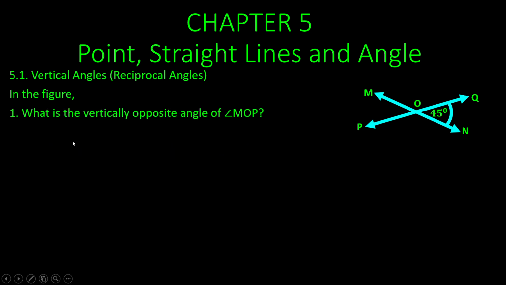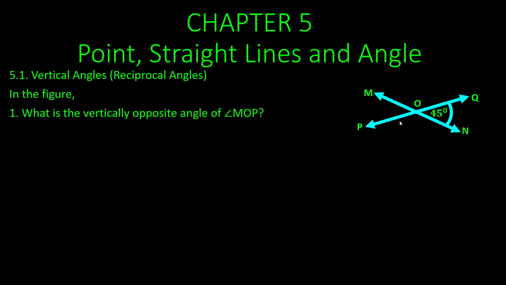The first question is: what is the vertically opposite angle of the angle MOP? Here the angle MOP is this, and if we draw the opposite ray of MO, we'll find ON. And if we draw the opposite ray of OP, then we'll find OQ.